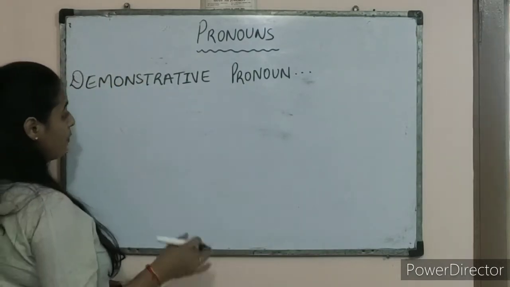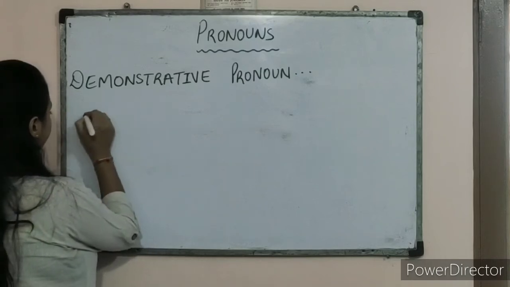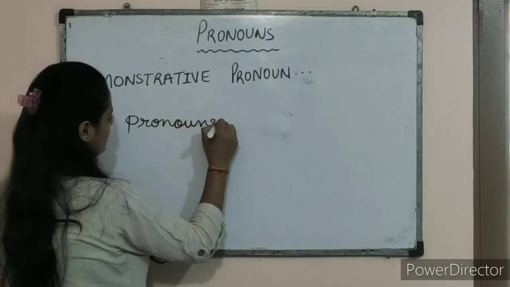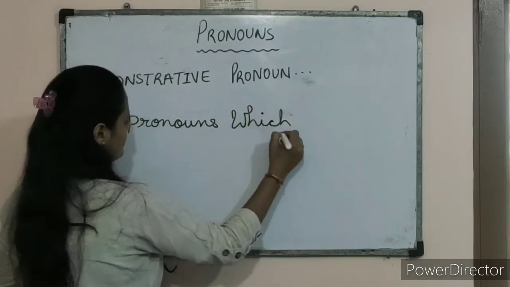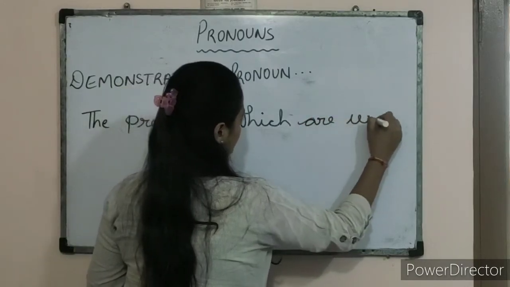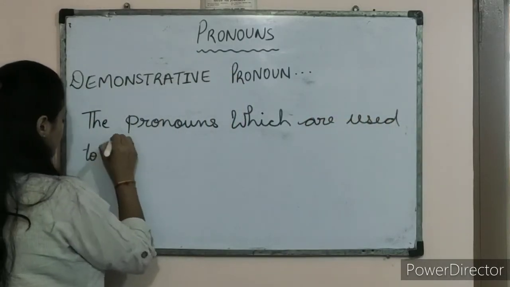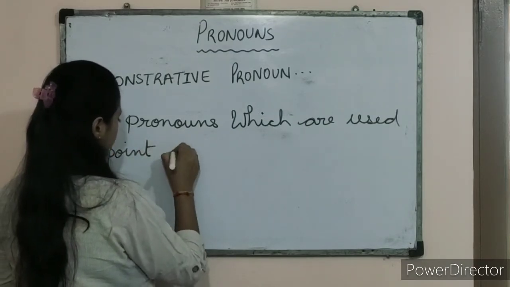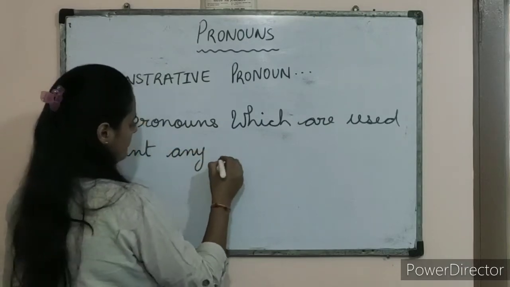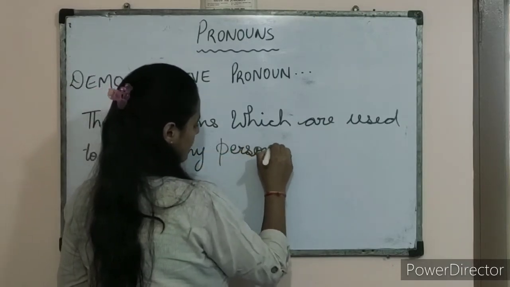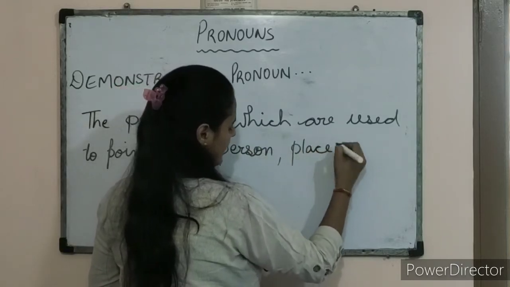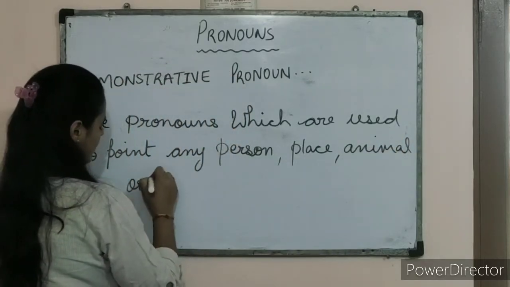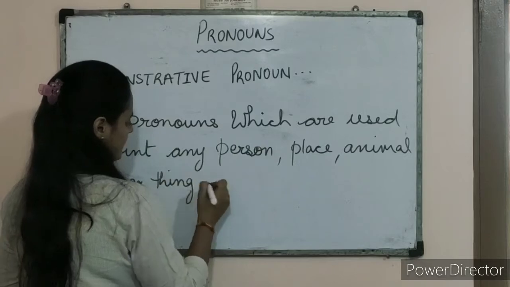So the demonstrative pronouns are the pronouns which are used to point any person, place, animal or thing, right?